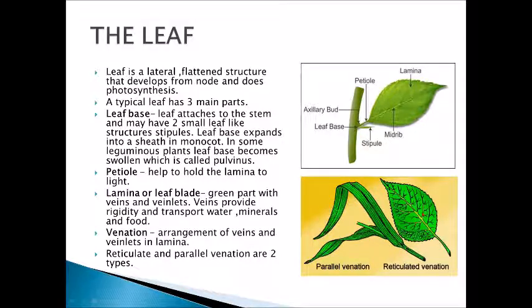These are the veins and the smaller ones are the veinlets. Now all these form a reticulate or network-like structure in the lamina, and that is why this type of venation is called reticulate venation, and such venation is seen in dicot plants.